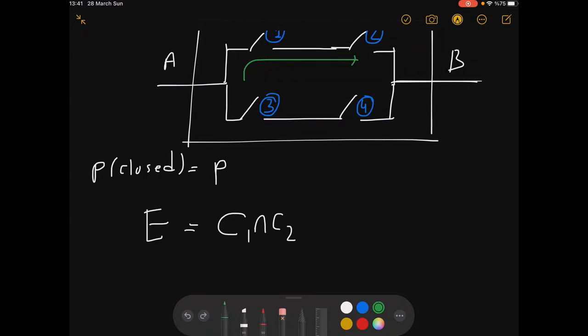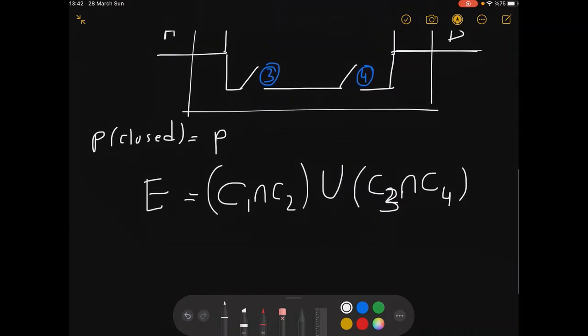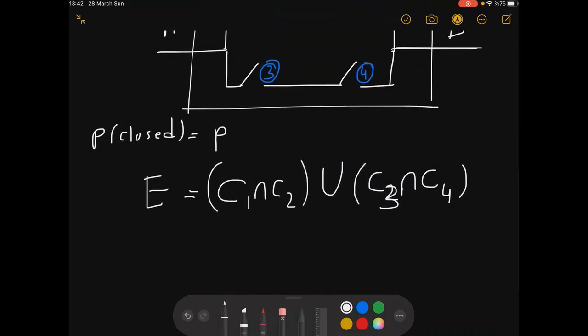Okay, so how do you depict this? How do you show this? This one and C3 intersection C4 and their union, right? So they're not canceling or stopping each other, so they're not blocking each other.